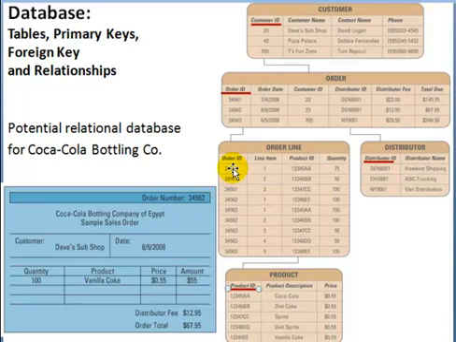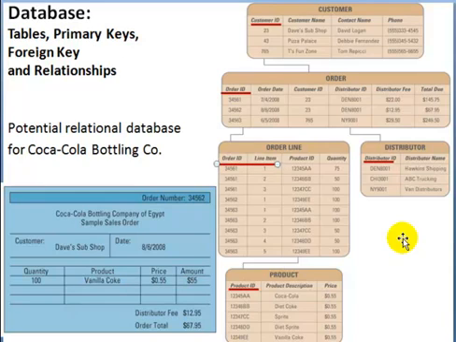However, we can combine more than one column to serve as a primary key. In this case, we can use order ID and line item, and together that can be a unique identifier which can be chosen to serve as a primary key.